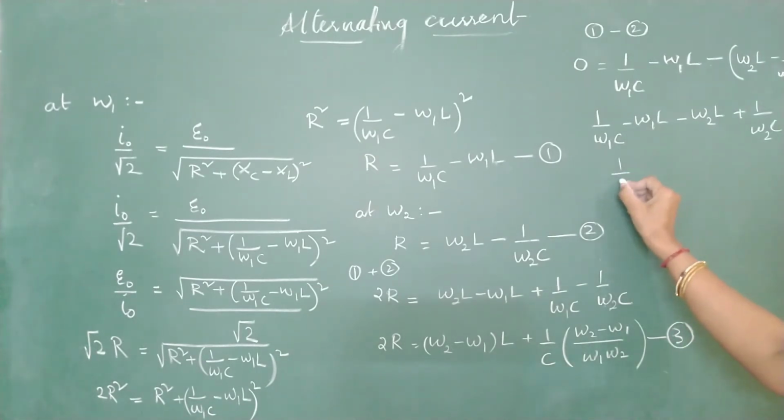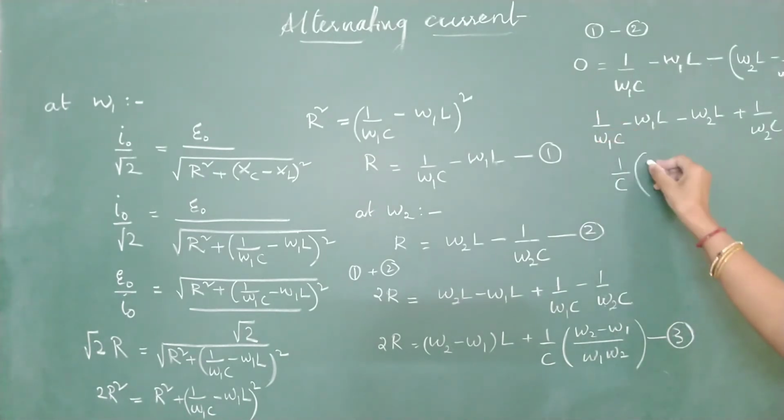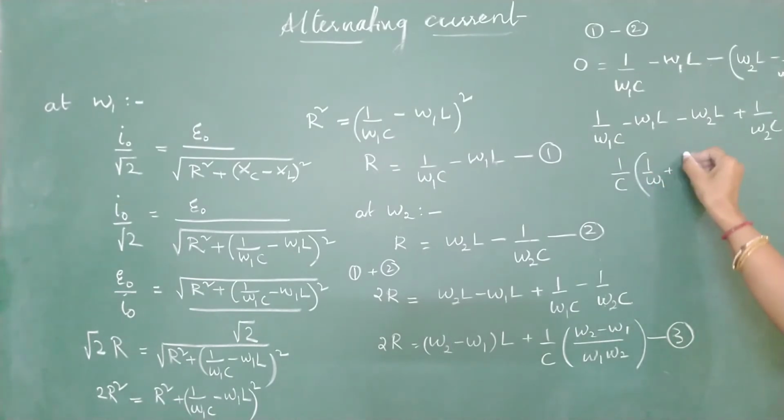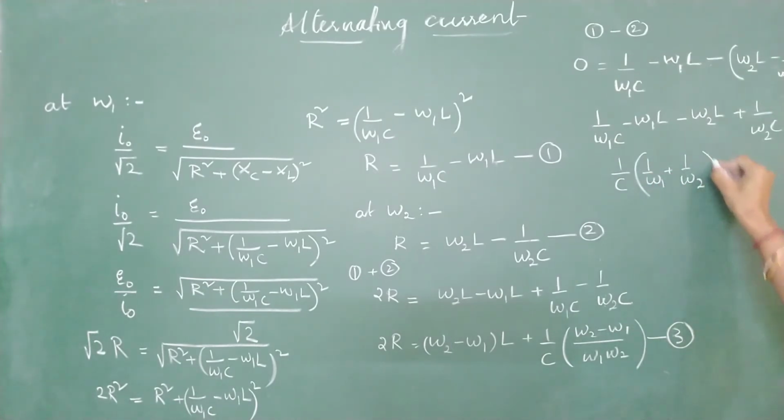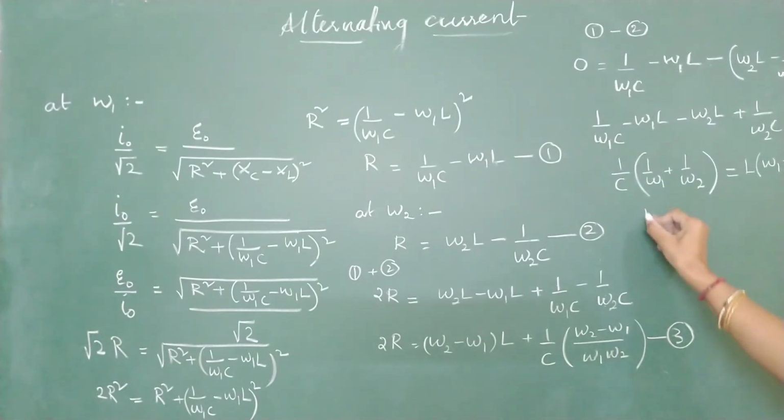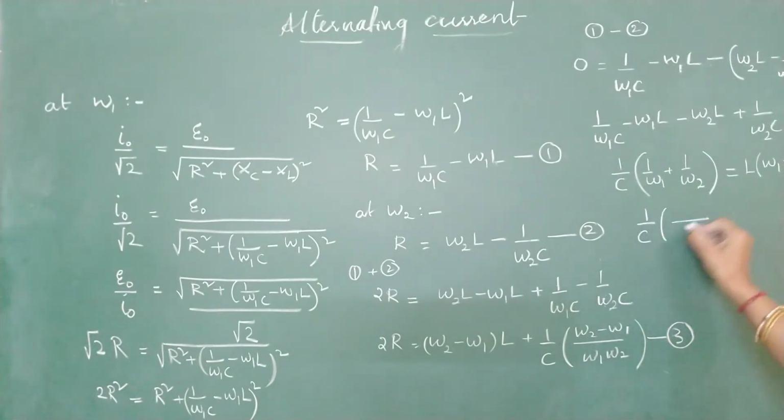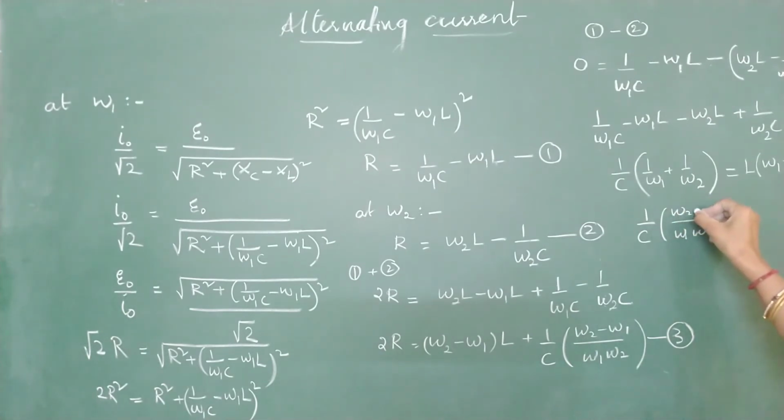So 1 by C, if I take out common, 1 by omega 1 plus 1 by omega 2 should be equal to, in these two terms I take out L common, omega 1 plus omega 2. Take LCM again, omega 1 omega 2, omega 2 plus omega 1 should be L into omega 1 plus omega 2.